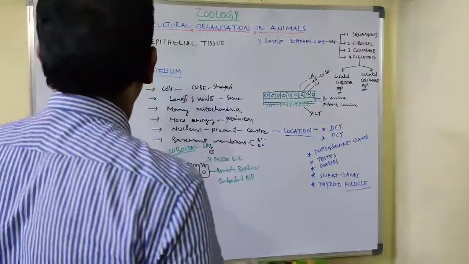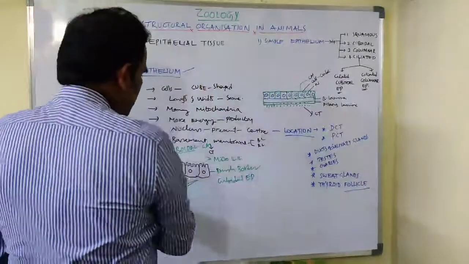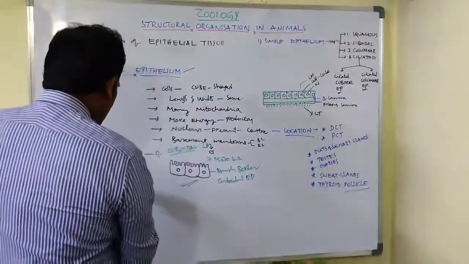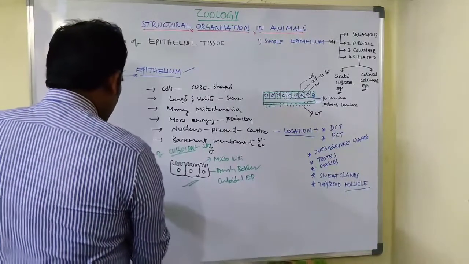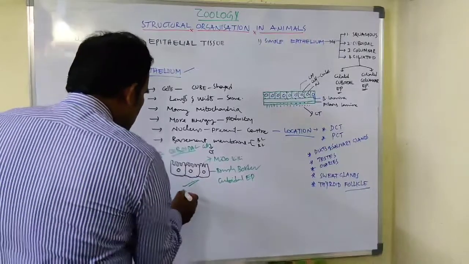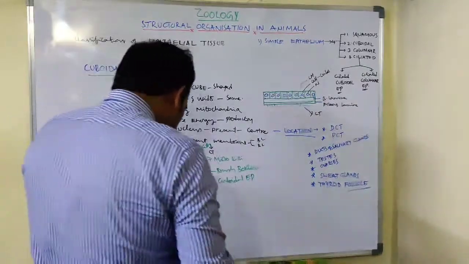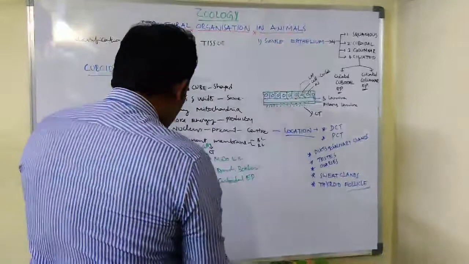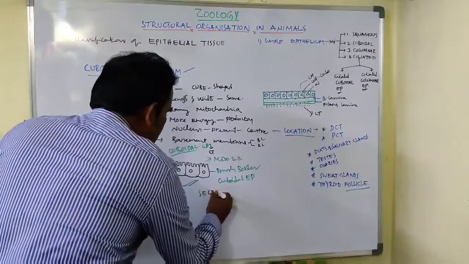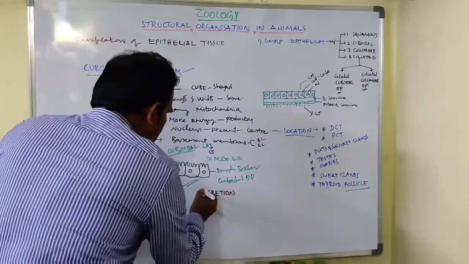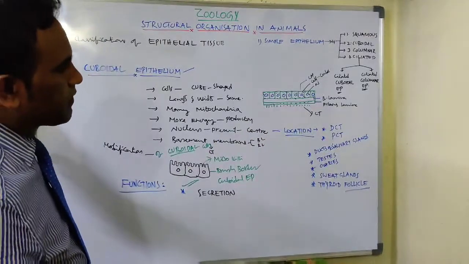Now let's see the functions. It is meant for secretion, for example from the testes, ovaries or the ducts of salivary glands.